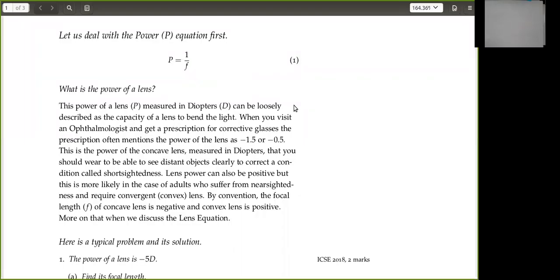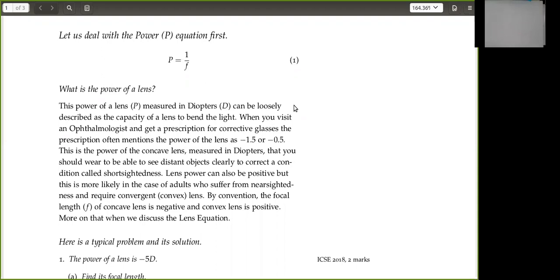Okay, so we'll begin this class by having a look at the power equation for lenses, not to be confused with the power equation from classical mechanics, which is the rate at which energy is spent or work is done.